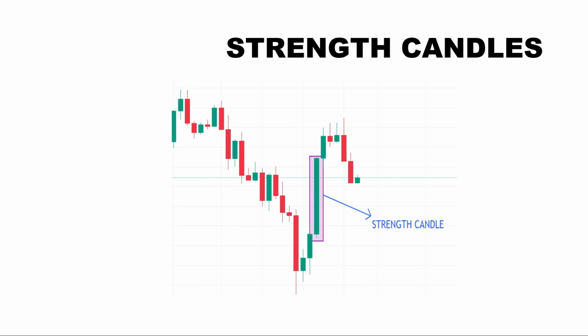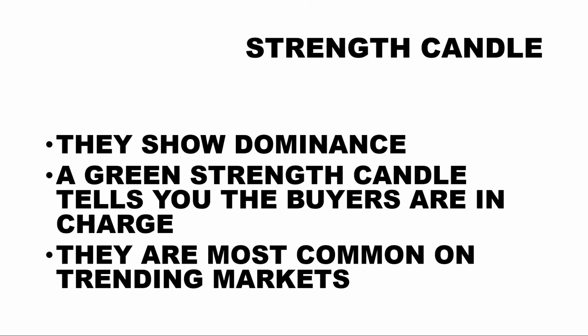If it's green, the buyers are the strongest. If it's red, the sellers are the strongest. They show dominance, who is really dominating the market. So a green strength candle tells you that the buyers are in charge.